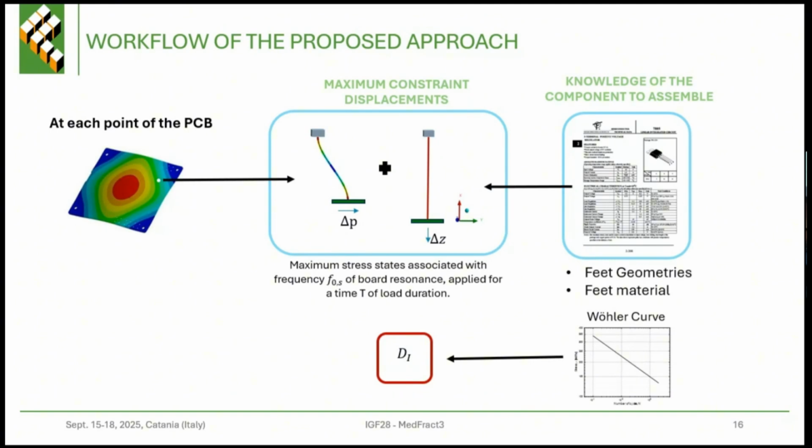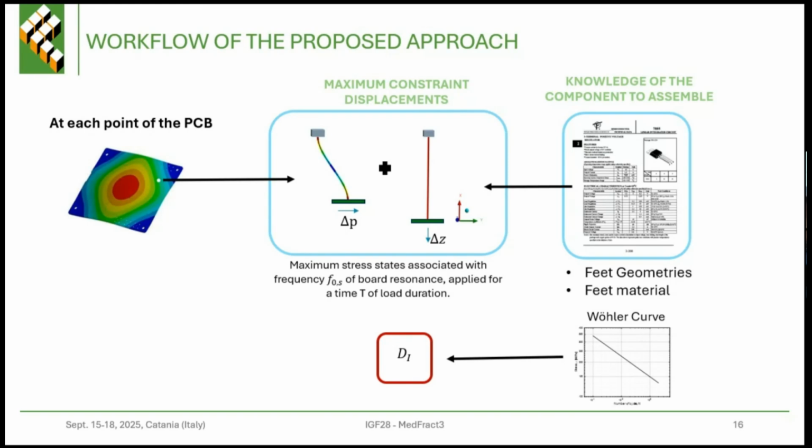of the PCB. And with this, and with the knowledge of the fit geometries, we can arrive with the Wheeler curve of the material of the fit of the component to the damage that this displacement produced to the component.